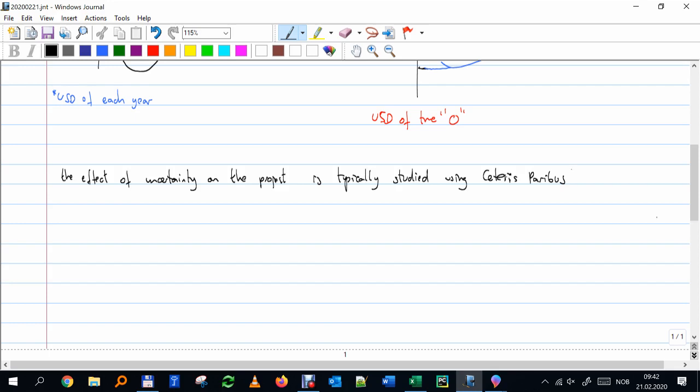What that means is simply a fancy term to say one variable at a time. That means I keep everything else constant and I see the effect of one parameter.